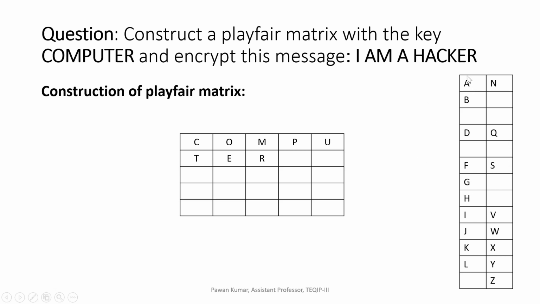In sequence, that means A, B, then D, then F, then G, we fill in the same sequence here. First A, then B, then D, then F, then G, then H. I and J are put in the same block every time.